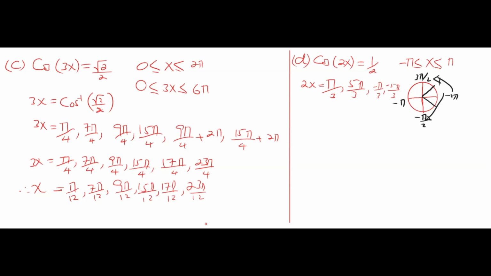So we add and we subtract 2 pi. We remember we have a coefficient of 2 on the x. So if I multiply that by 2, this stays. Now if I add this 2 pi, that gives me 7 pi.